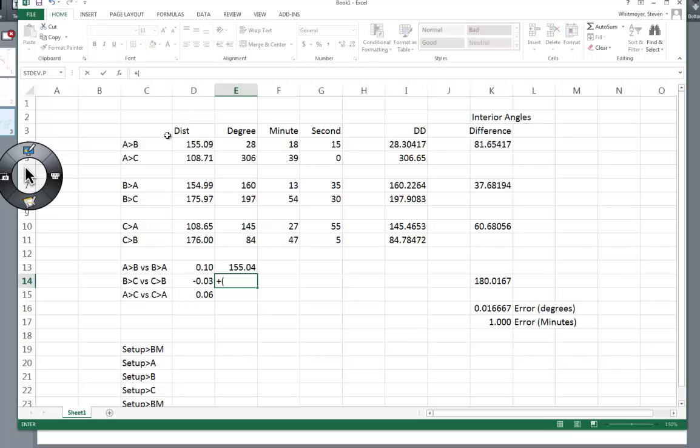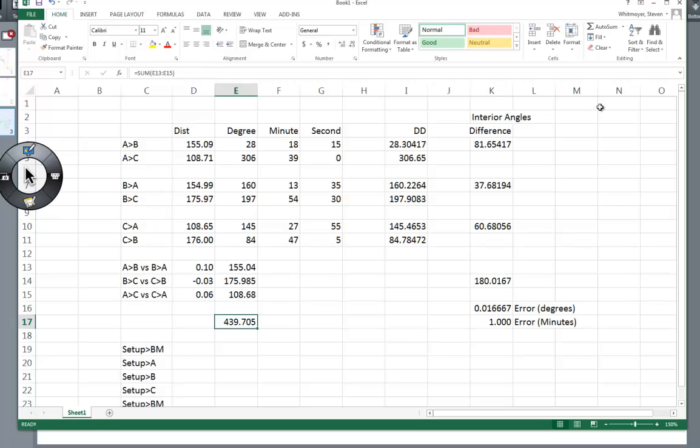Plus B to C plus C to B divided by 2. That's my average distance right there. And plus A to C plus C to A divided by 2. That's my average distance. The sum of that is my total distance around my traverse. And this is the length of each side.